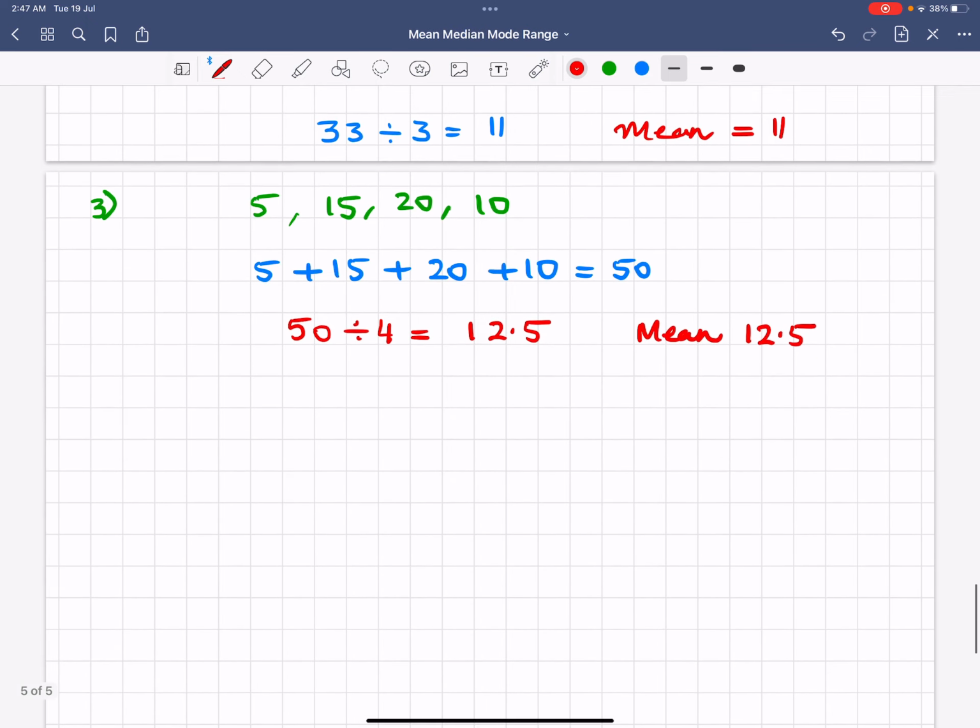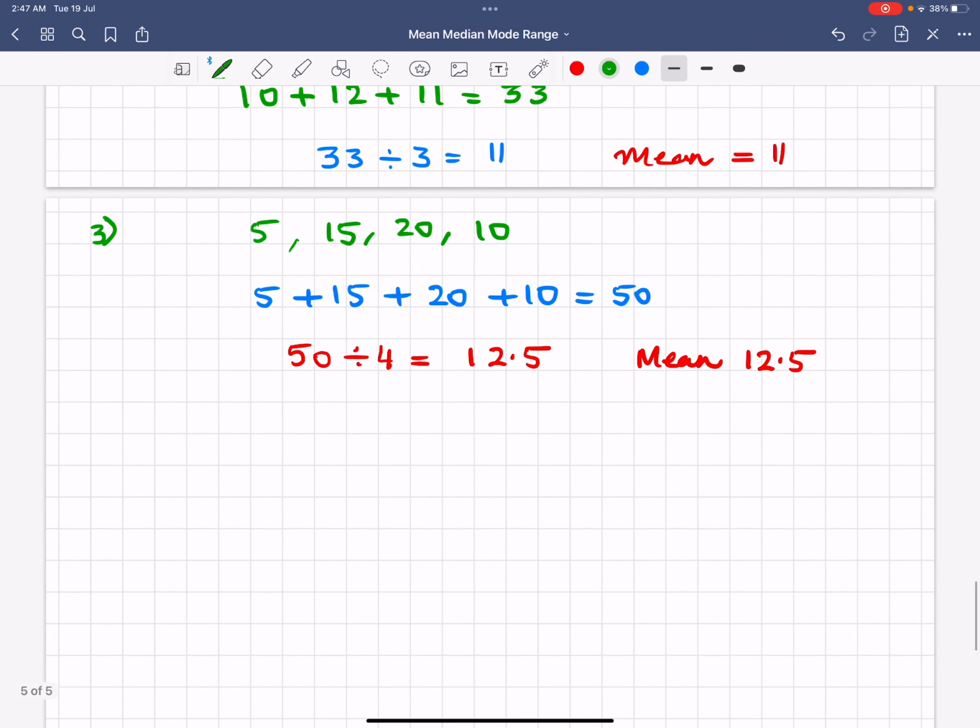Let's move on with one more last example. Question number 4. We have the numbers 10, 20 and 70. So we have 3 numbers here. Let's add up the numbers first. We add up 10 and 20 and 70.